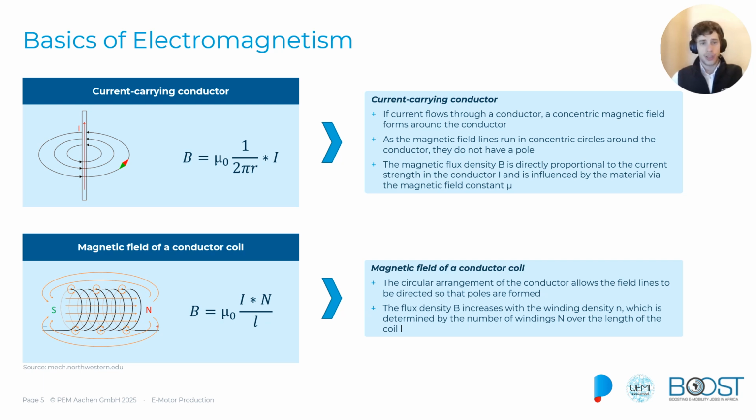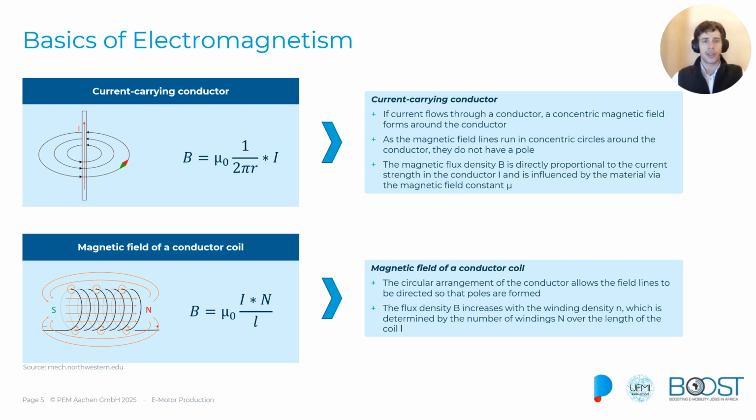If we twist the same conductor into a coil and supply it with current, the circular arrangement allows the magnetic field lines to be directed so that poles are formed.